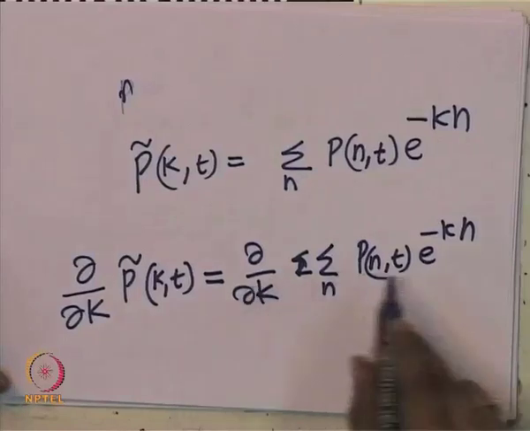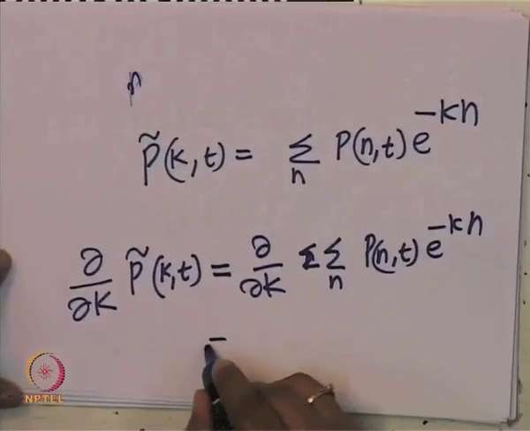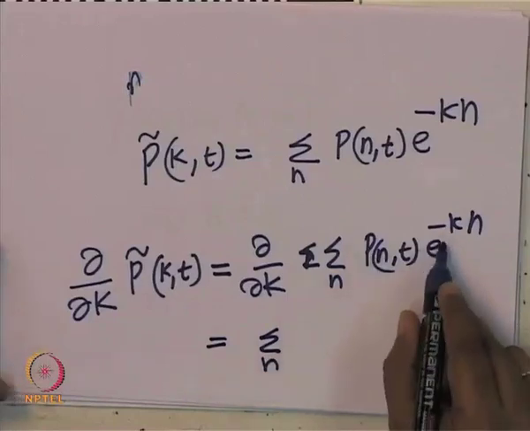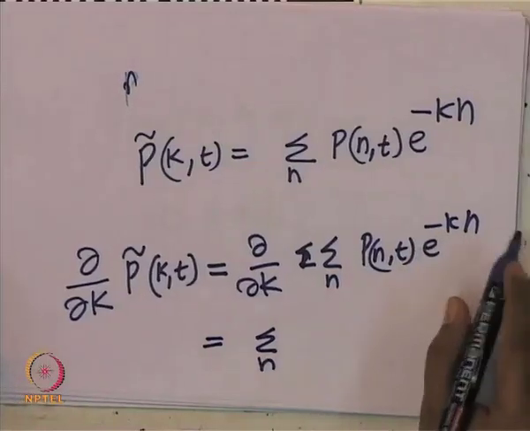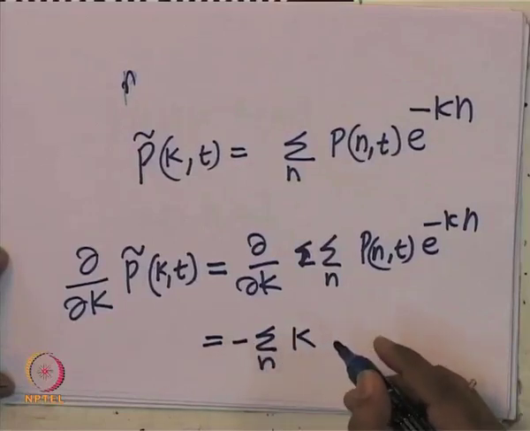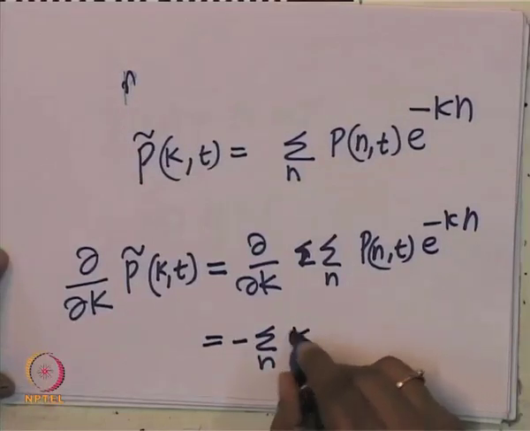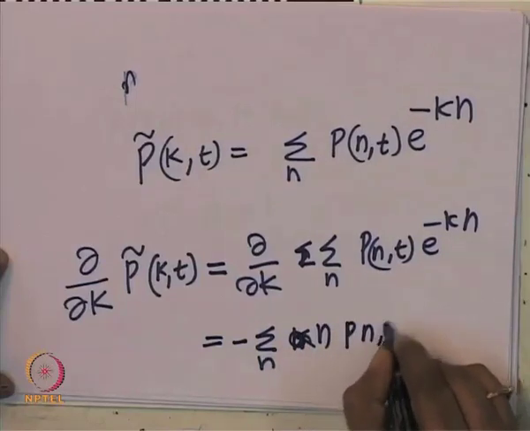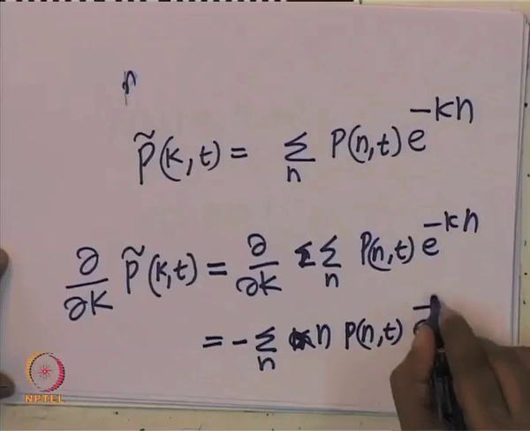So, this can be written as the sum over n, and if you find the derivative of e power minus k n, there is an n that will come out, with a minus. So, this is minus n p of n comma t e power minus k n.